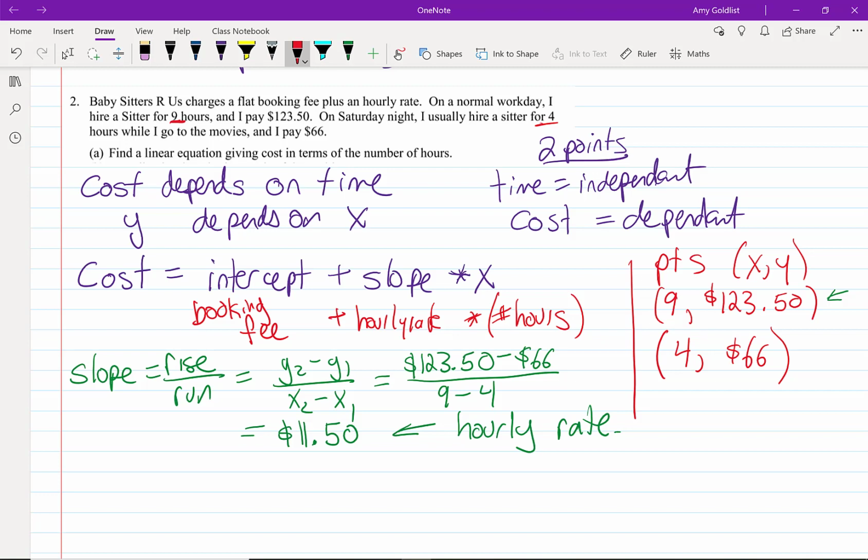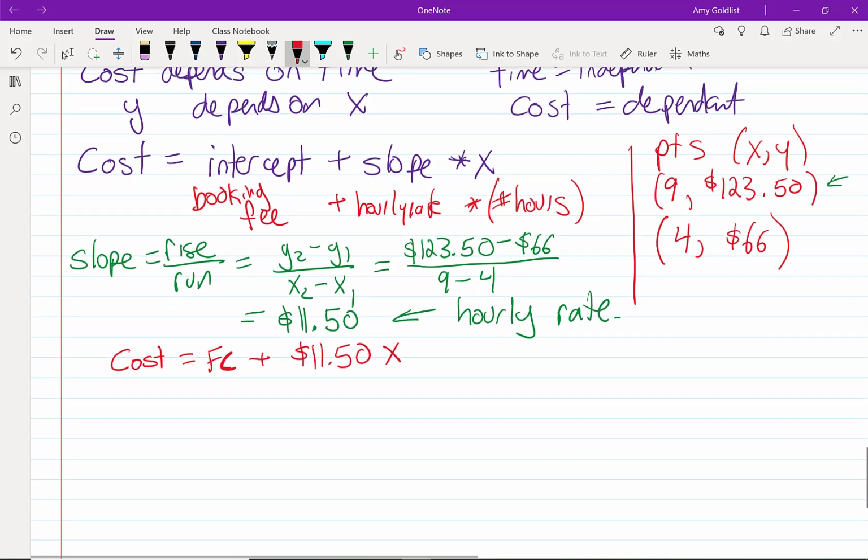So let's look again at our costing equation. Cost equals our booking fee, or I'm going to call it this time fixed cost, FC, plus $11.50 times X. So we can plug in any one point and that will help us solve. And we can choose either of these points. I'm going to choose the second point just because it's smaller numbers, and I find that often smaller numbers tend to be a little bit easier to work with, but not always.